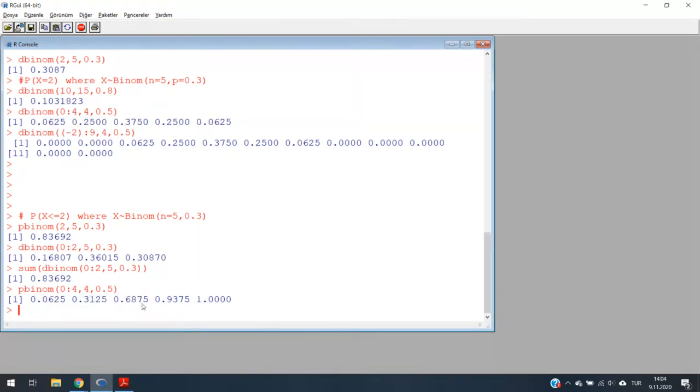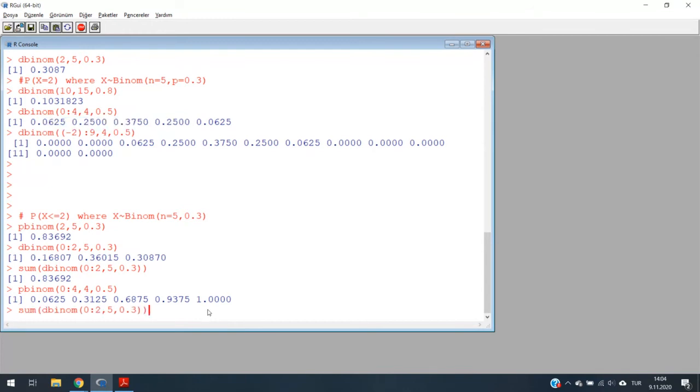So you see, the probability of our random variable to be less than or equal to 3 is 0.9375. In fact, this can be calculated as the summation of these 4 values.